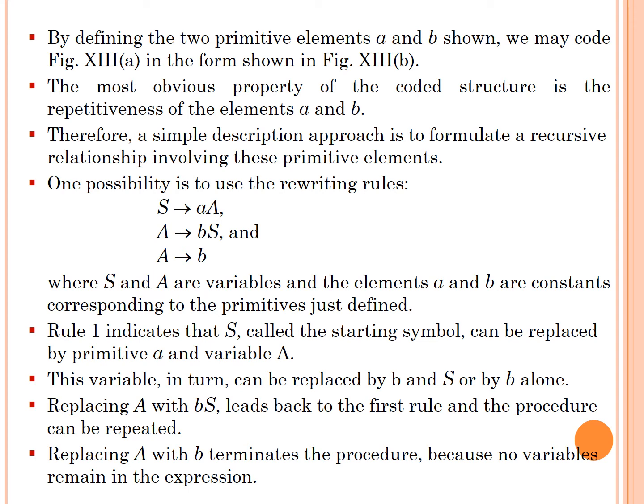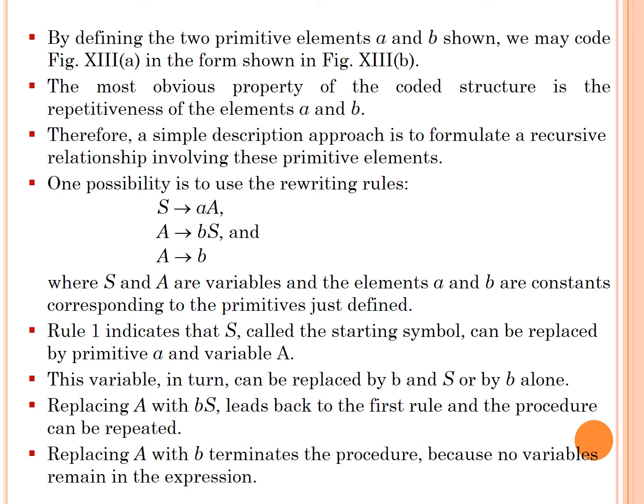One possibility is to use the rewriting rules S equals aA, A equals bS, and A equals b, where S and A are variables and the elements a and b are constants corresponding to the primitives just defined.